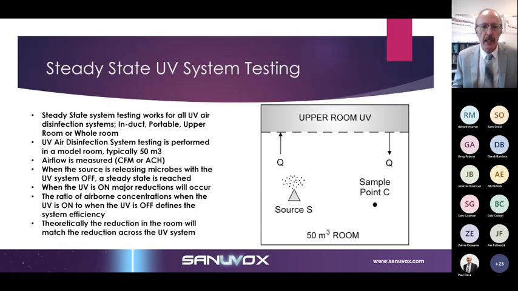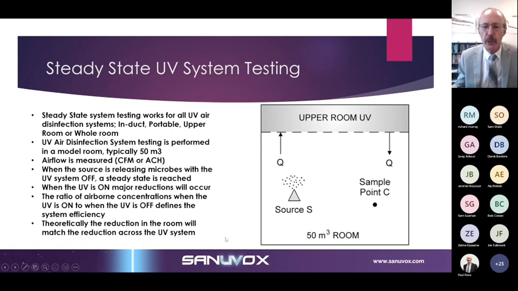The steady state system test puts a source S of some contaminant into a room and operates the room without UV until a steady state condition is reached with a high level of contamination. Now, when they turn the UV system on, that high level of contamination will drop way down.